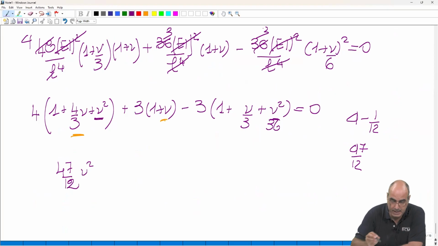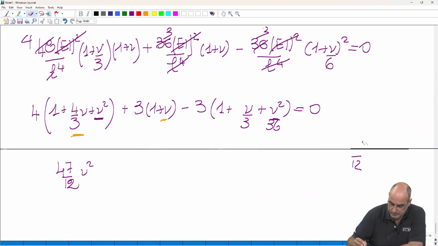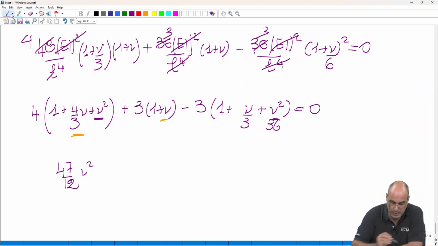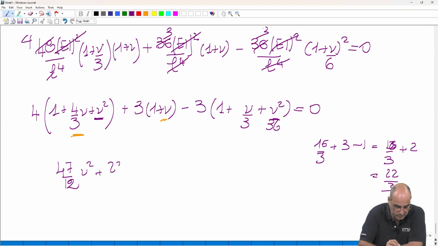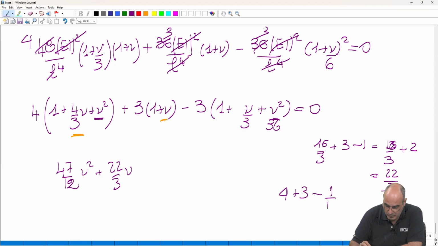Then we have the terms in n. How much are they? We have 16 over 3 plus 3 minus 1, which means 16 over 3 plus 2, which means 22 over 3. And then we do have 4 plus 3 minus 1 over 12, which is 7 minus 1 over 12, which is 83 over 12.